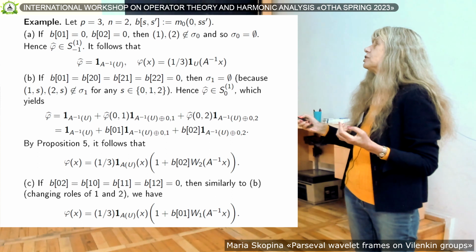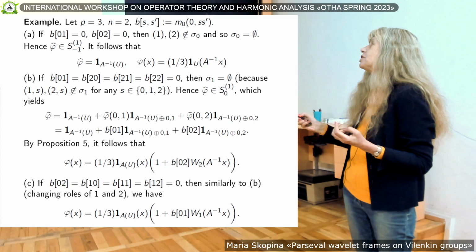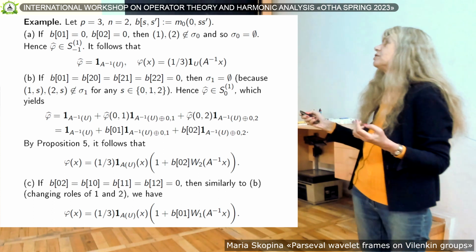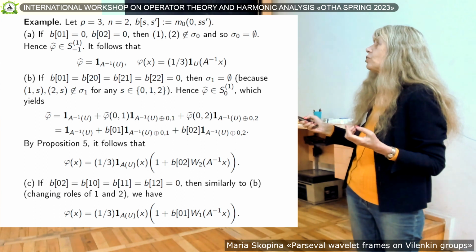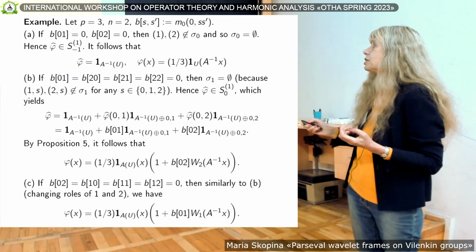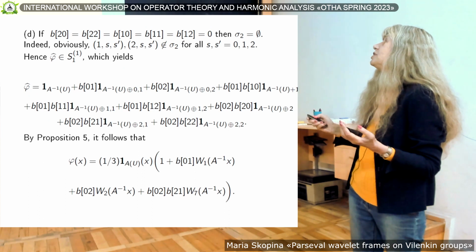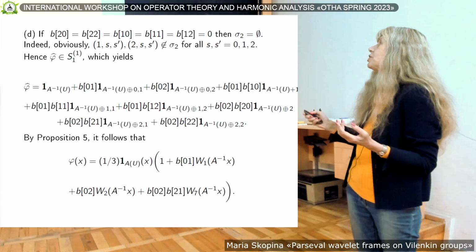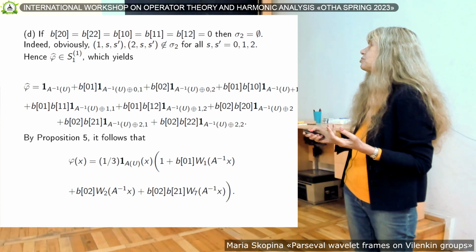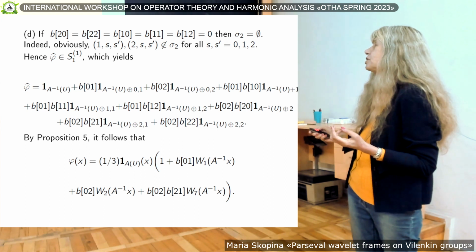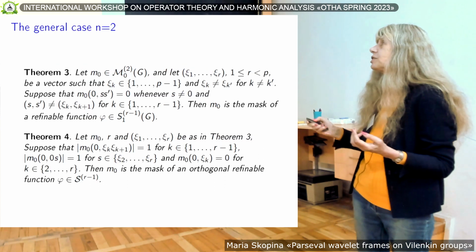Next situation, this is 0, but 0, 2 does not vanish, and instead we have 3 vanishing elements in the next column. It looks like this. Similarly, here 5 zeros, 5 vanishing elements. Phi hat looks like this, and phi looks like this. So all cases are described explicitly.